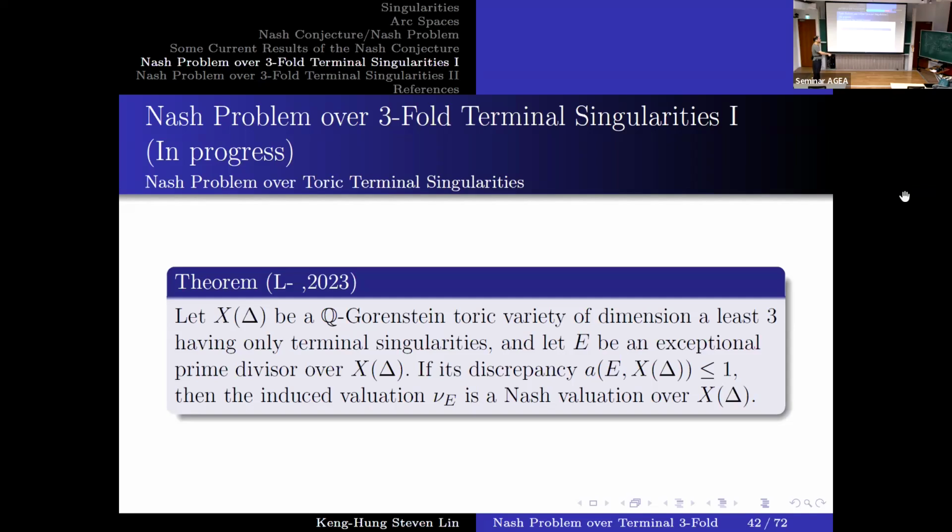I proved that if it is multiplied by 1, then the inducing valuation v_E is a Nash valuation. The value of this result is that it is true not only for threefolds, but for n-folds, for n greater or equal to 3.